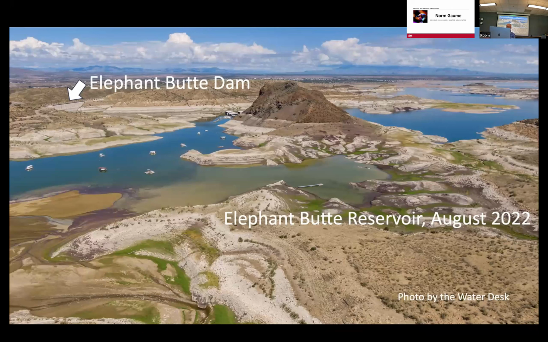This is Elephant Butte Reservoir. The dam is barely visible on the upper left. The reservoir is almost empty. It's vast, and a large percentage of the water that makes it through the Middle Valley evaporates in Elephant Butte Reservoir, and that is charged against the Middle Valley's apportionment.